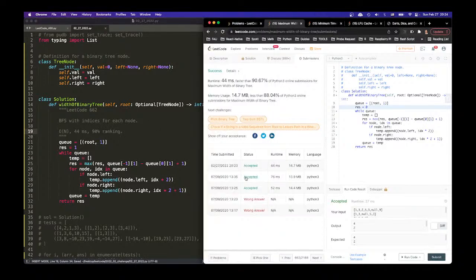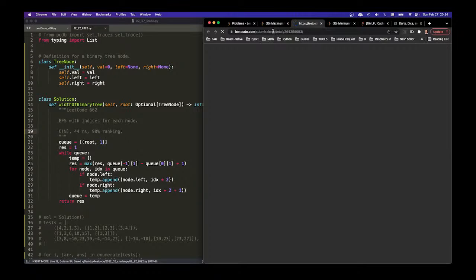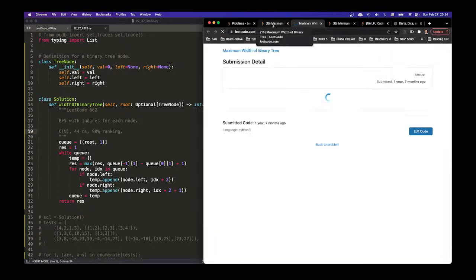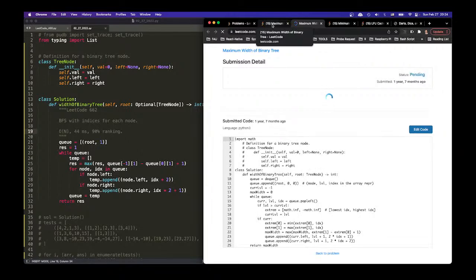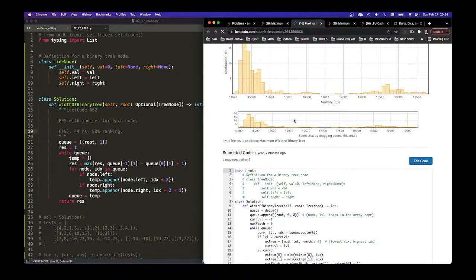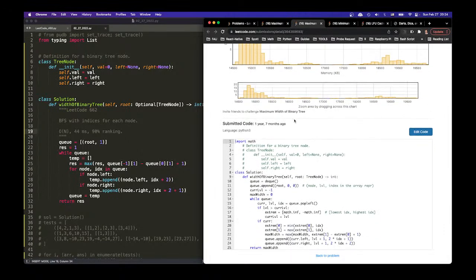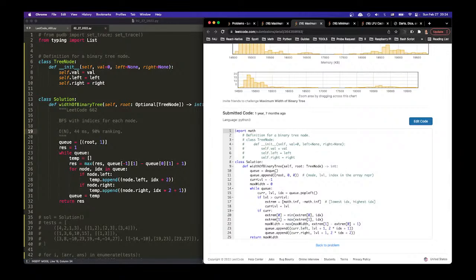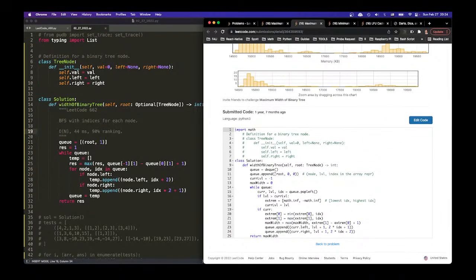All right. So take a look at the solution I had in the past. Oh, I was using the deque back then. Why do I keep track of the level?